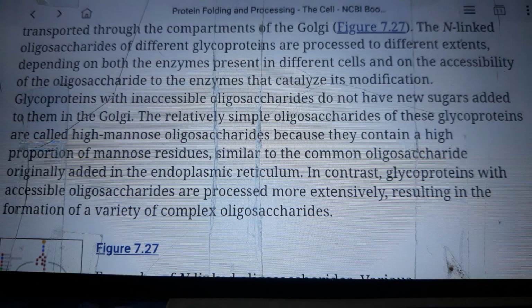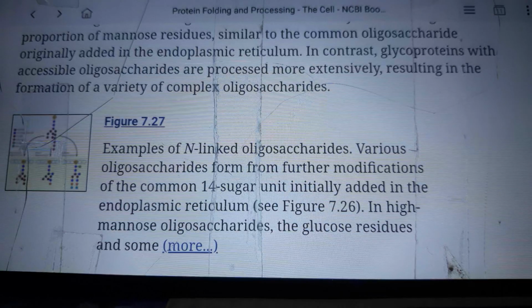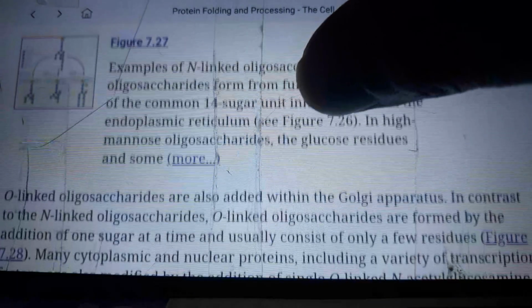The relatively simple oligosaccharides of these glycoproteins are called high mannose oligosaccharides because they contain a high proportion of mannose residues, similar to the common oligosaccharide originally added in the endoplasmic reticulum. In contrast, glycoproteins with accessible oligosaccharides are processed more extensively, resulting in the formation of a variety of complex oligosaccharides.